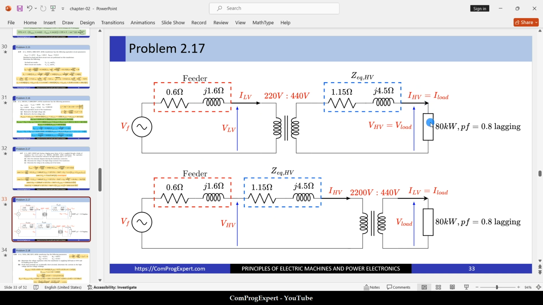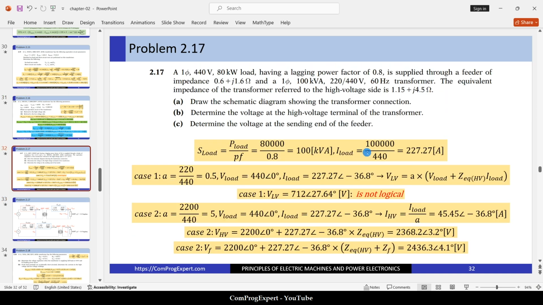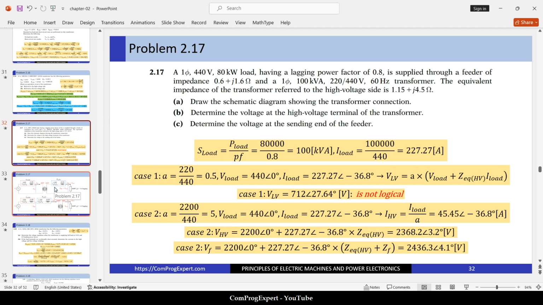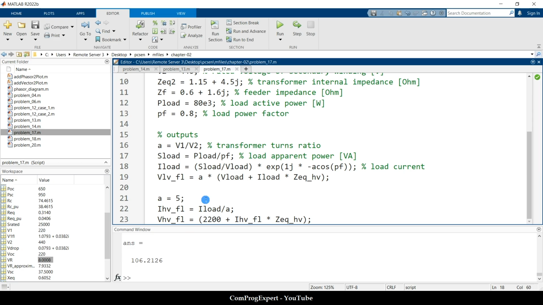Yes, we can calculate the load current using this equation. And when we have this load current, we can calculate the voltage drop here, right? The voltage drop that we have on this equivalent impedance.